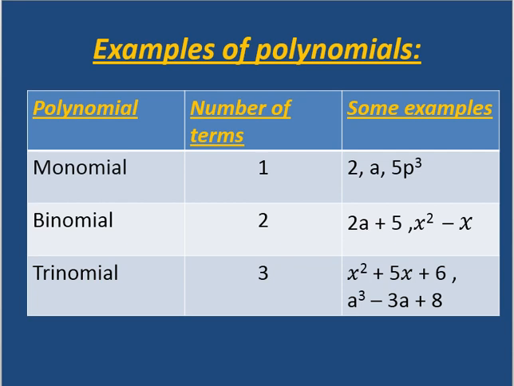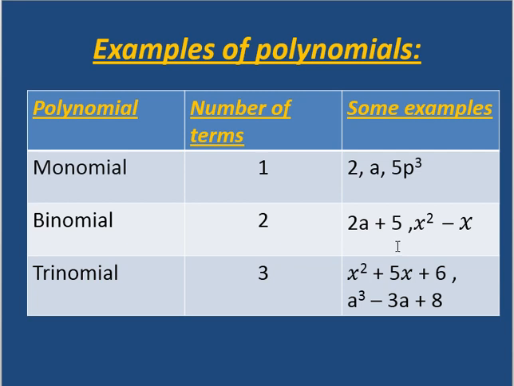Examples of polynomials. Number of terms, some examples. Polynomial, monomial. Number of terms, 1. You can see all these are examples of monomial because they have only one term. Binomial. Binomial means they have two terms. 2a plus 5, first term is 2a and second term is 5. So we have two terms.